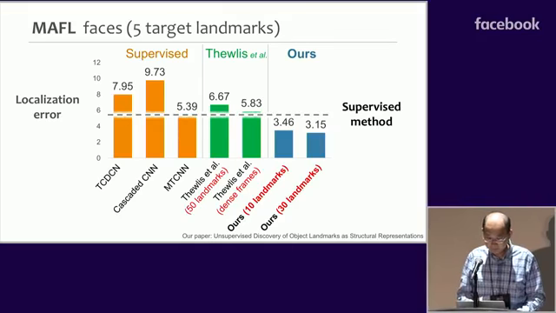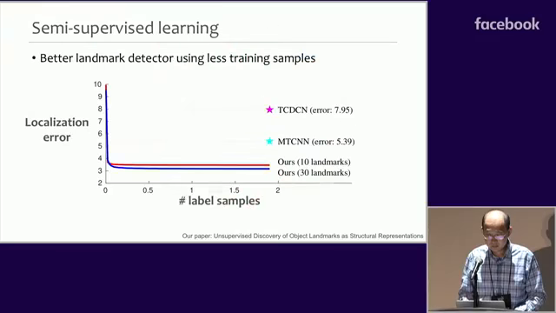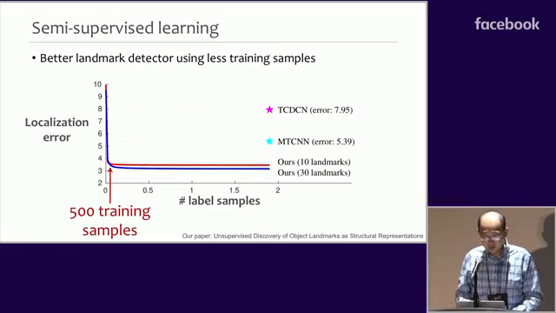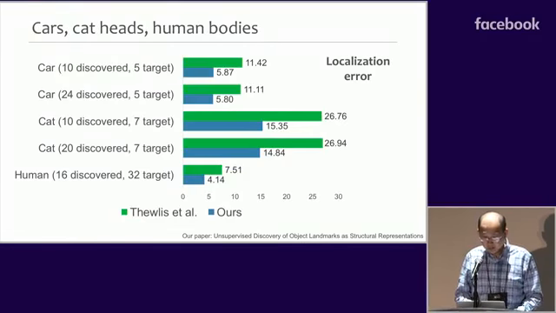And surprisingly, our method also outperformed the off-the-shelf supervised method. In addition, with only 500 labeled samples, our linear regression model can already achieve very good performance. This is a strong result for semi-supervised learning. For the other types of objects, our method can also achieve better results than previous unsupervised methods.